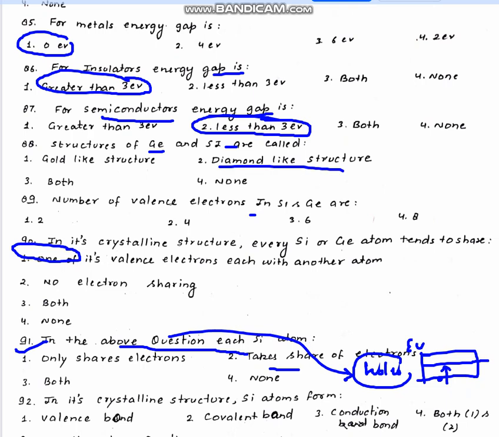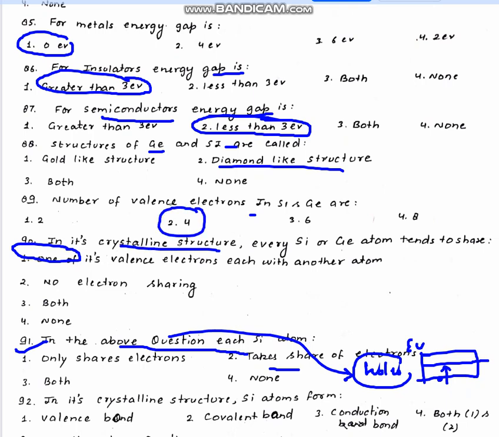So obviously they are bounded by bonds, so they are called diamond-like structures because of similarity with the structure of diamond, which is basically carbon. So carbon is in fact the first element of this group, carbon, silicon, germanium. Next is number of valence electrons in silicon and germanium, so obviously these are 4.